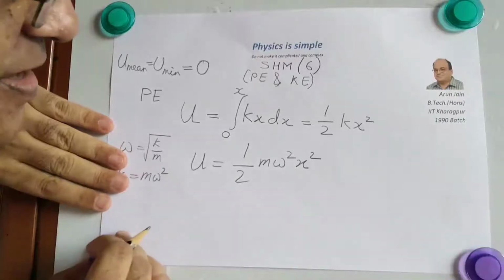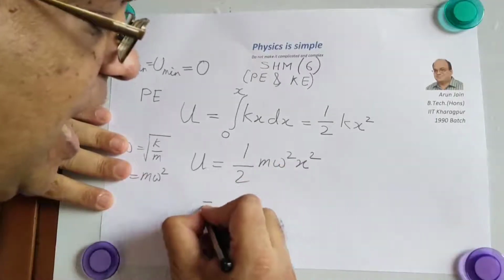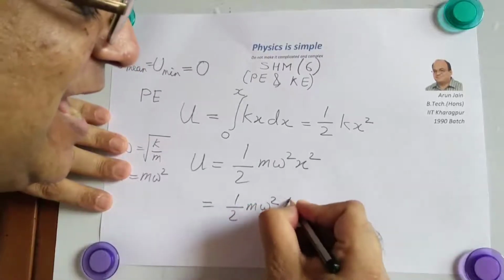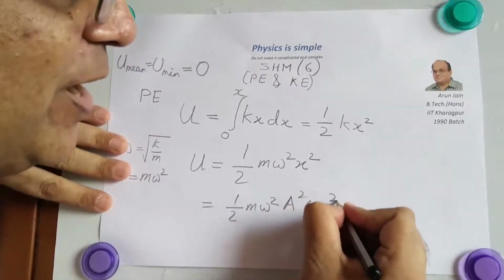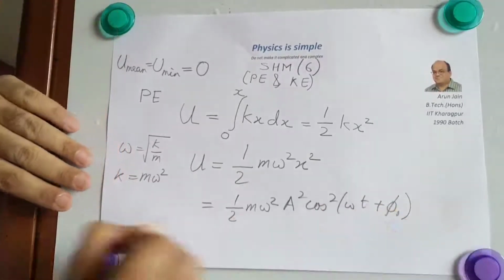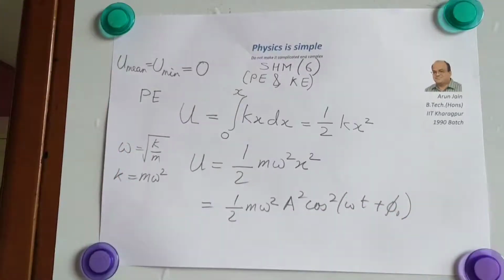So therefore this equation becomes half m omega square a square cos square(omega t plus phi naught). At the mean position, potential energy is minimum, we are taking it to be equal to 0.